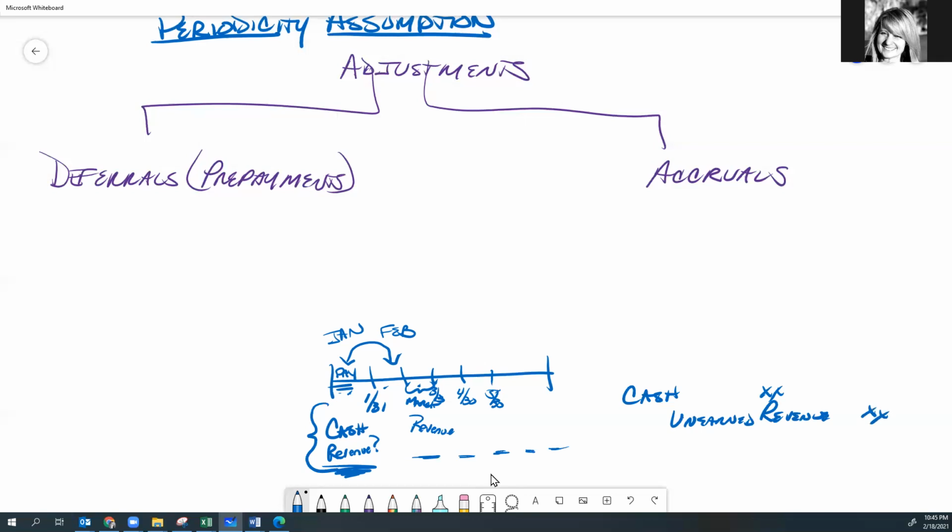And it's not an earned revenue because on January 15th, when we received this cash, we have not had any home games yet. The season hasn't even officially started.